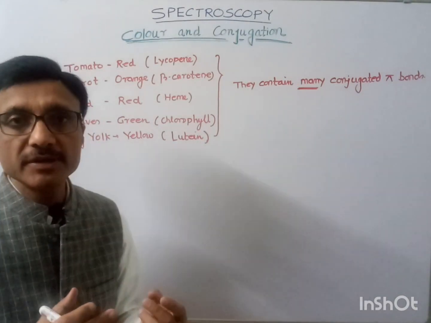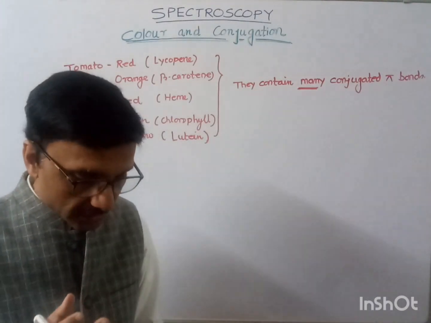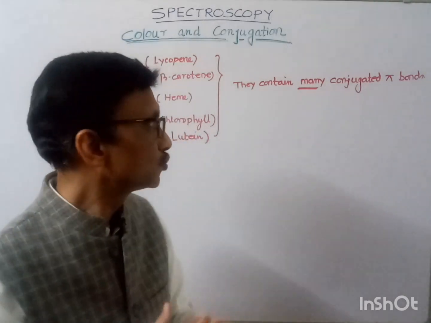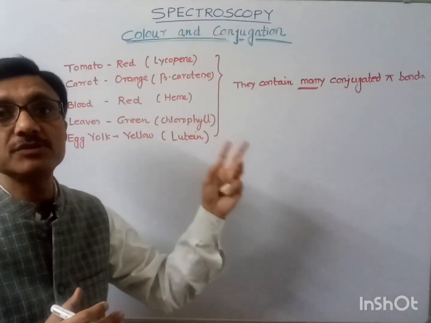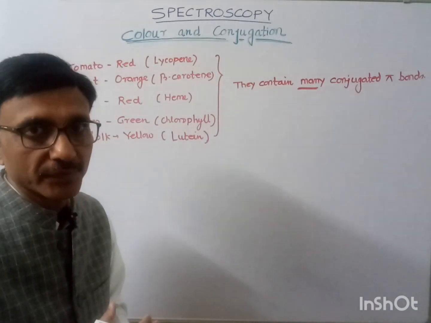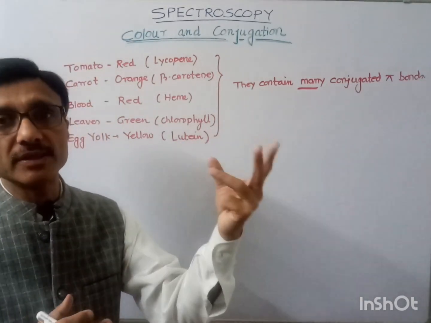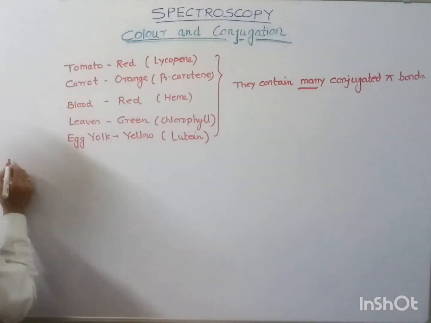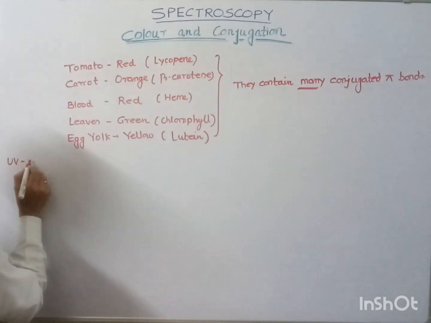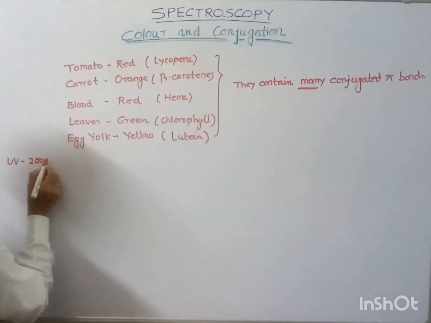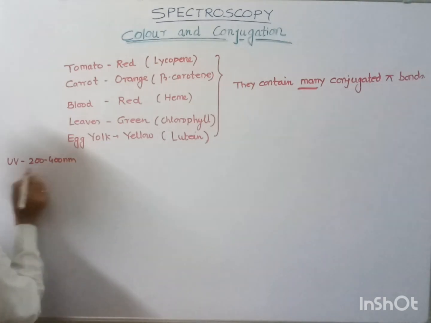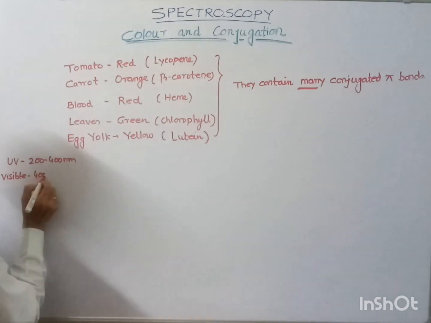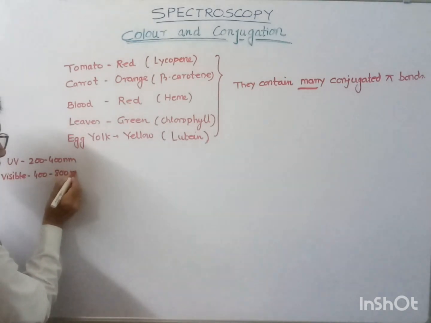If any substance absorbs visible light, then it appears colored. In UV visible spectroscopy, the range for UV is around 200 to 400 nanometer, whereas visible falls under the range 400 to 800 nanometer.